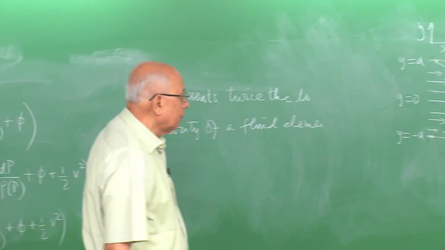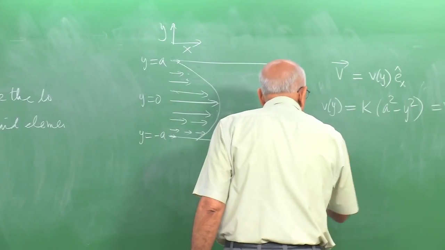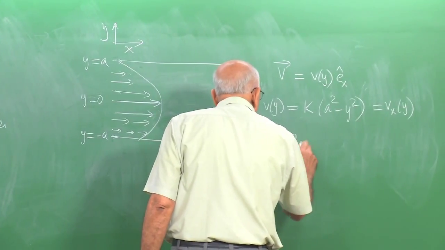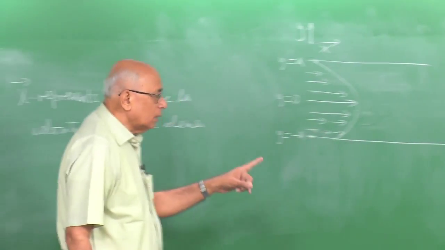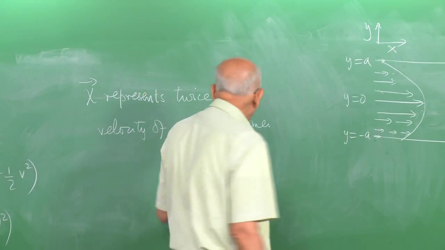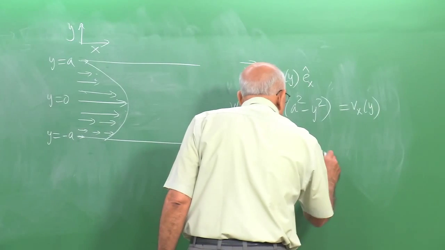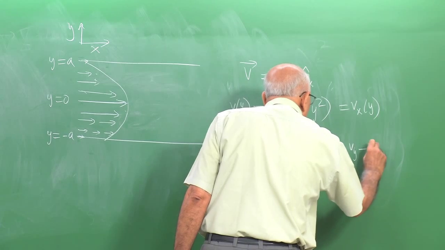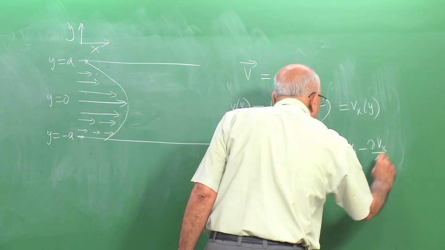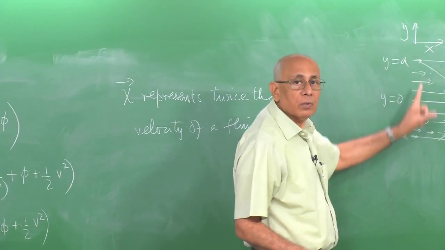Okay. Once you have this, the curl of V, the only component of the curl of V that is non-zero, if you recall the formula for the curl that we wrote down earlier, is Ez times delta over delta x of Vy minus delta Vx over delta y, and the first term is 0 because the velocity has no component in the transverse y direction.